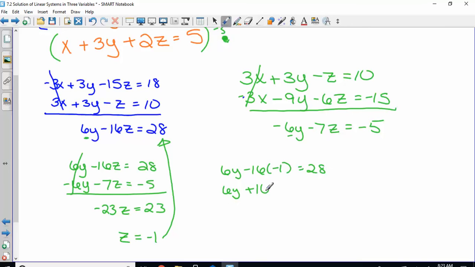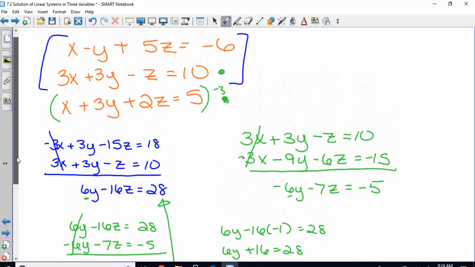6y plus 16 equals 28. Subtract over my 16. Divide, and my y is 2. Now I need x, so take y and z and plug them into any of the originals.